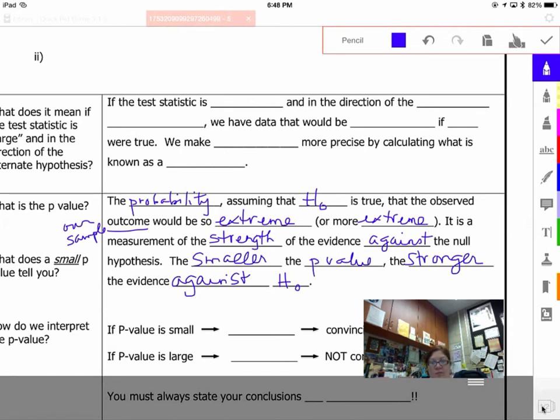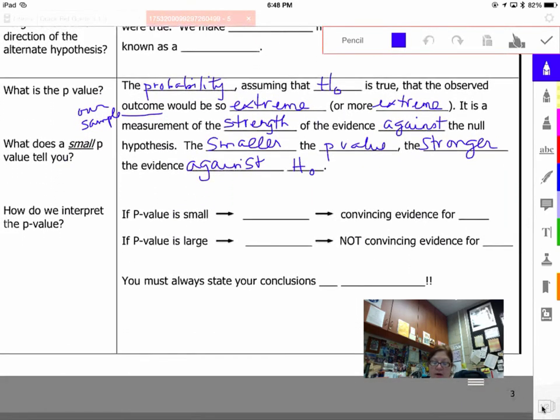In other words, we're not expecting it to be really far away. If the null hypothesis is true, then we would expect to get a sample that has a sample mean pretty close to that. And so then, if our p-value is small, in other words, that probability is really small, that'll cause us to reject our null hypothesis in favor of the alternative.